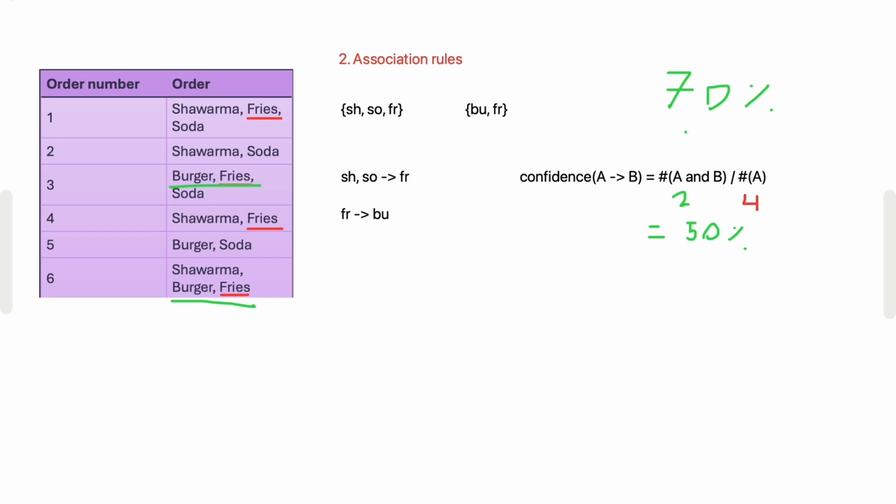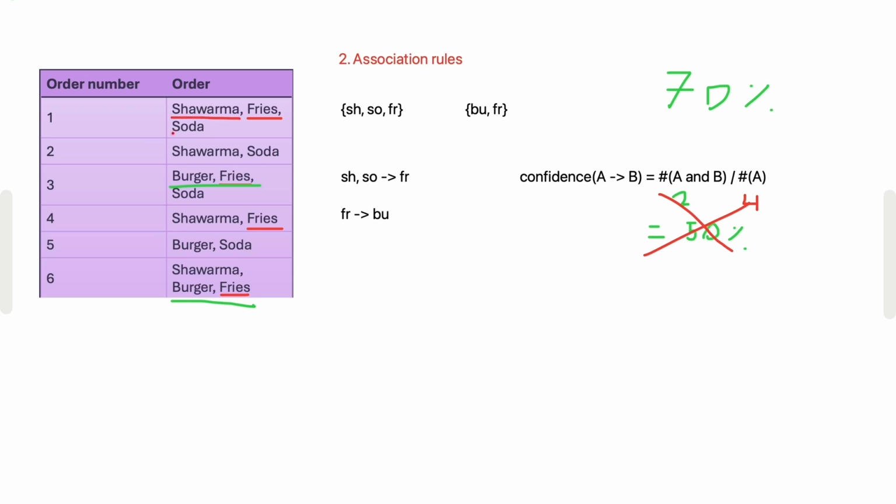Now, as the last example, let's also try shawarma and soda implies fries. So our A here is shawarma and soda. So let's just see here. We have shawarma soda here once. Shawarma soda is here twice. And do we have it somewhere else? Nope.